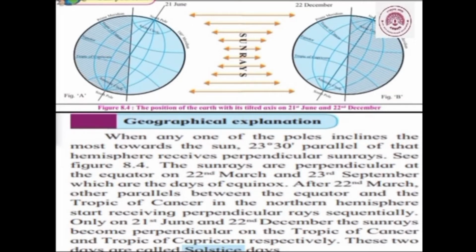After 22nd March, other parallels between the equator and the Tropic of Cancer in the northern hemisphere start receiving perpendicular rays sequentially. Only on 21st June and 22nd December do the sun rays become perpendicular on the Tropic of Cancer and Tropic of Capricorn respectively, and these two days are called the solstice days.